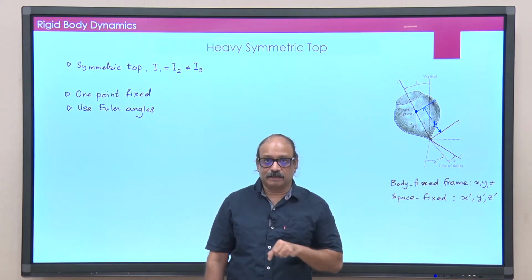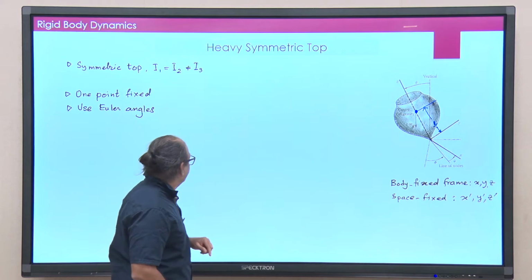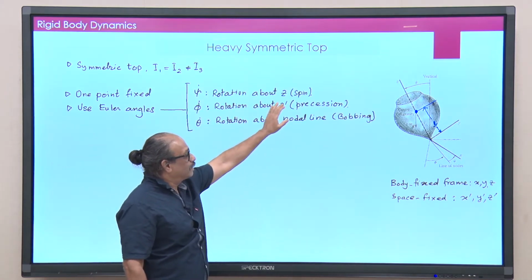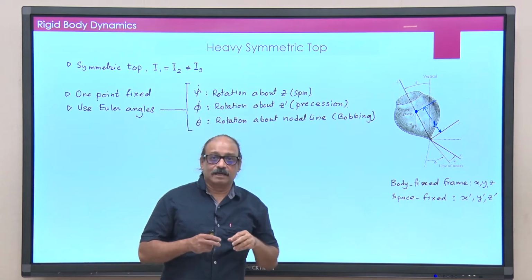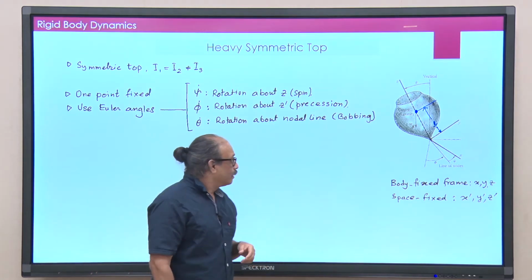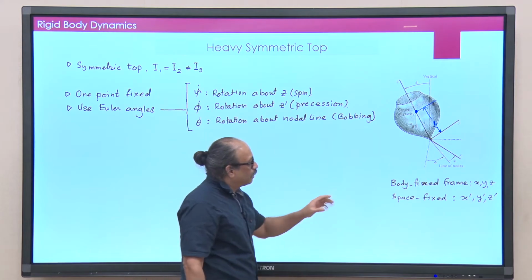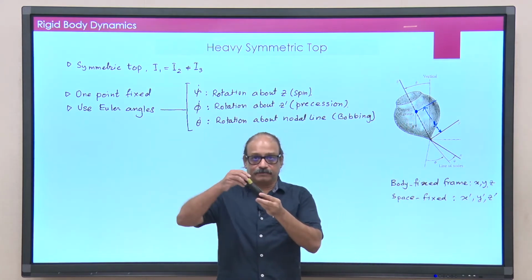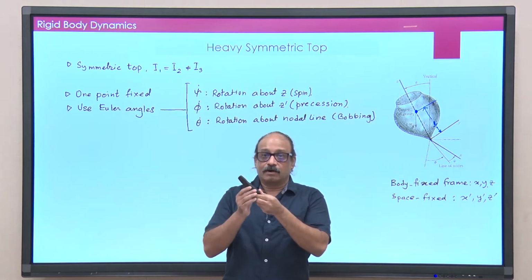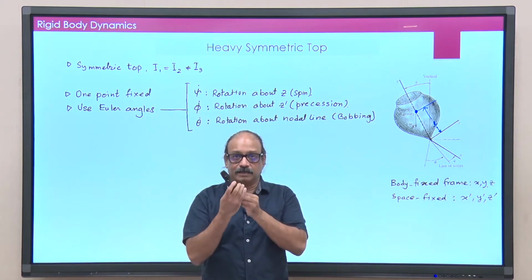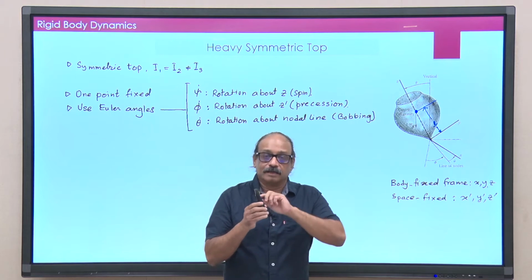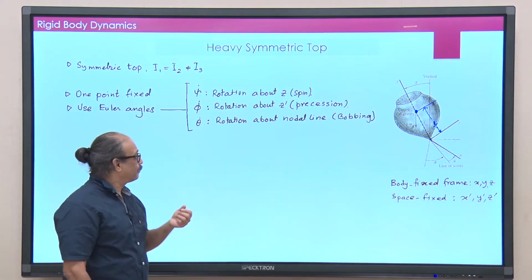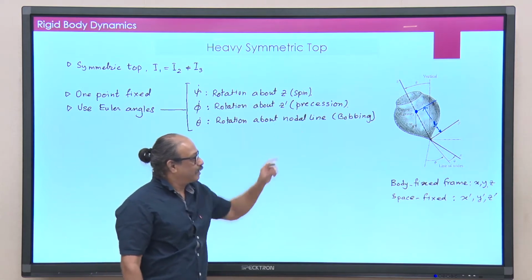Rotation in psi is rotation about z, and that is what we call spin. The other motion is when the entire body, which is spinning about its axis, also goes around in a roughly circular motion. That is called precession about the vertical, or z prime.